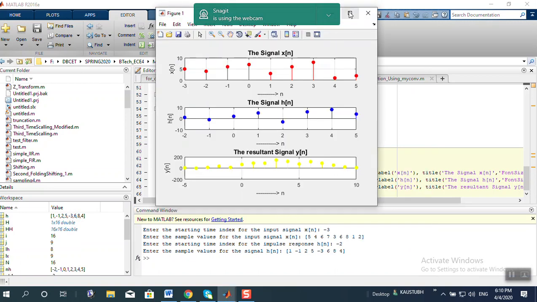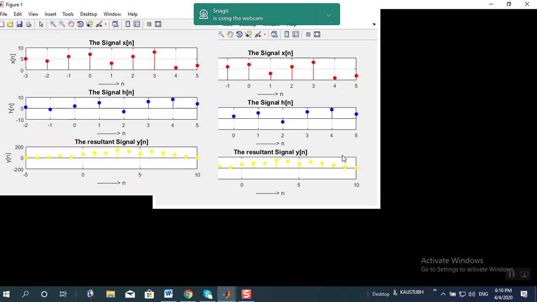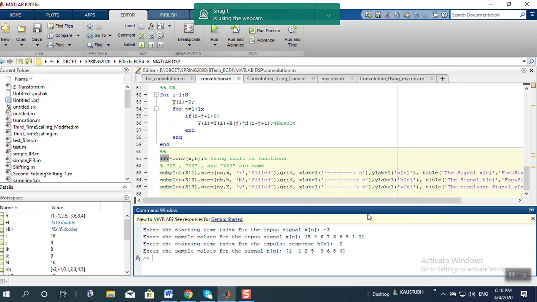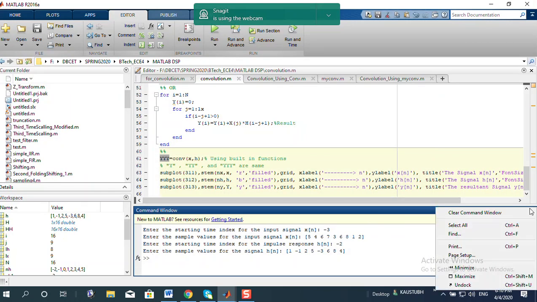So this is the final outcome: your x of n, h of n, your y of n. Let us see this in the command window.